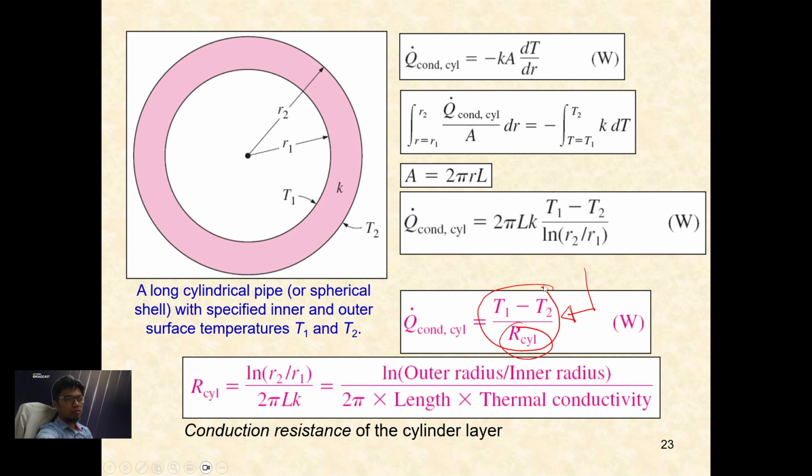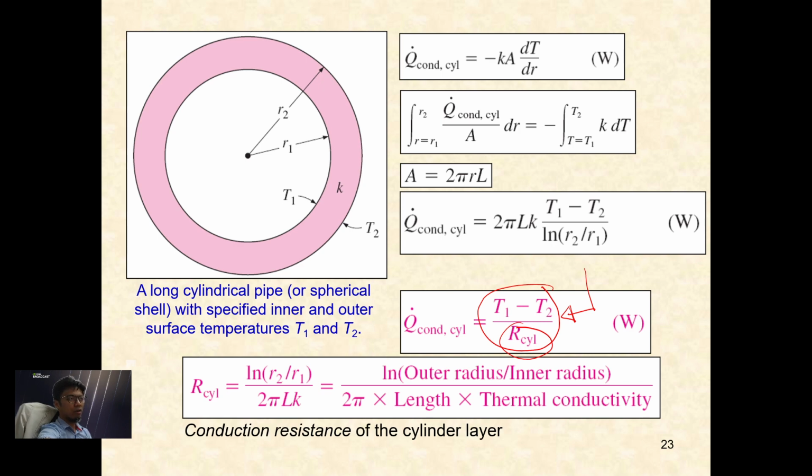This we call the thermal resistance theory, where R for conduction is different, R for radiation is different, and R for convection is different.